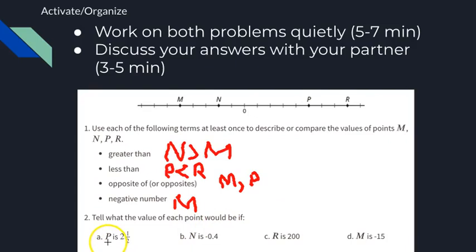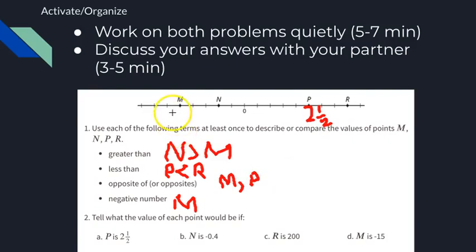Let's just do one of these real quick. So if point P is at 2 1/2, what would these other points have to be? Well, we just said that M and P are opposites.